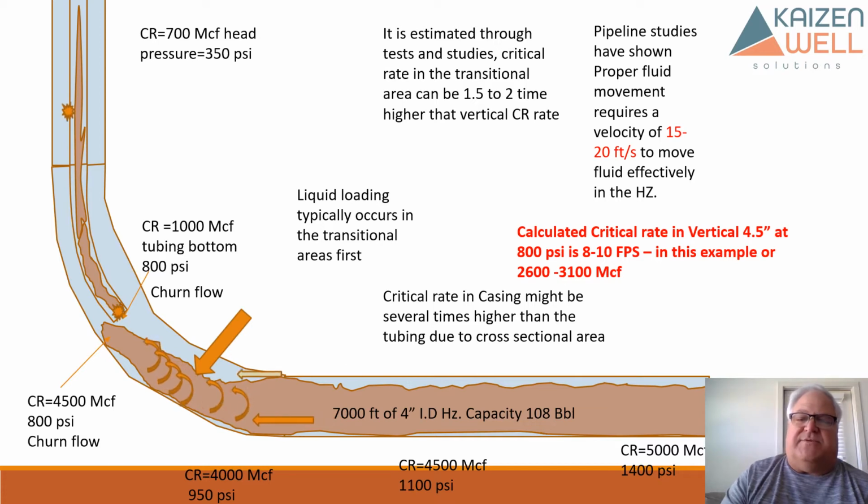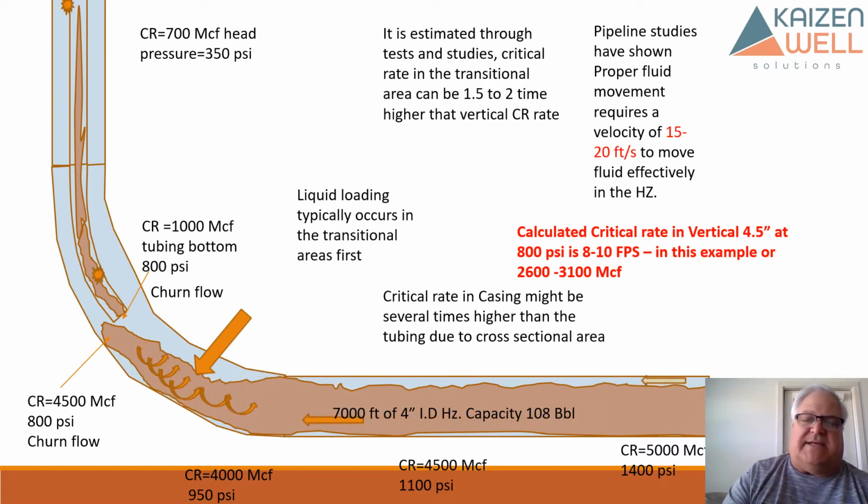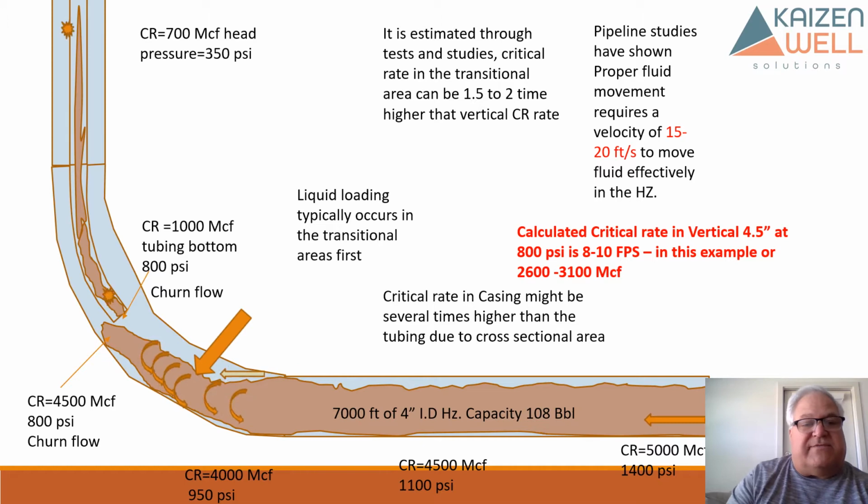So if you're producing gas, condensates, or oils and water, it has a lot of time to start to separate. Now, as that liquid moves on to the transitional area here, you get a separation. The gas moves very fast on the top. It sweeps a lot of the liquids, or the lighter ends, oils and such, along and carries it up into the tubing.